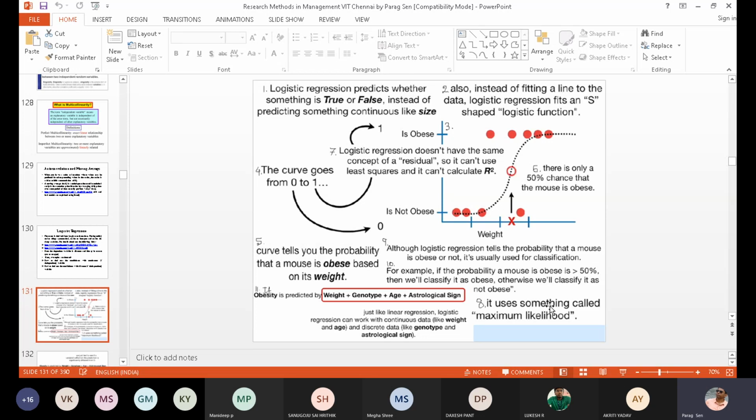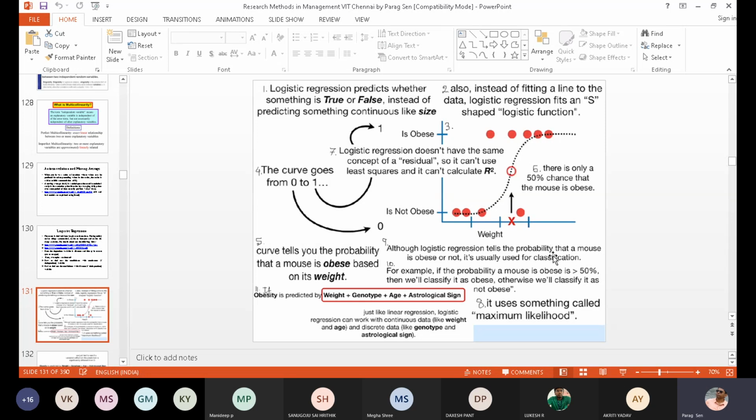Maximum likelihood is used to check, for a given particular data, what distribution it will fit, and what the exact shape of the distribution will be. Or what the exact shape of the S-shaped logistic function will be. To understand that, we use the maximum likelihood function, which will be used in this particular case.